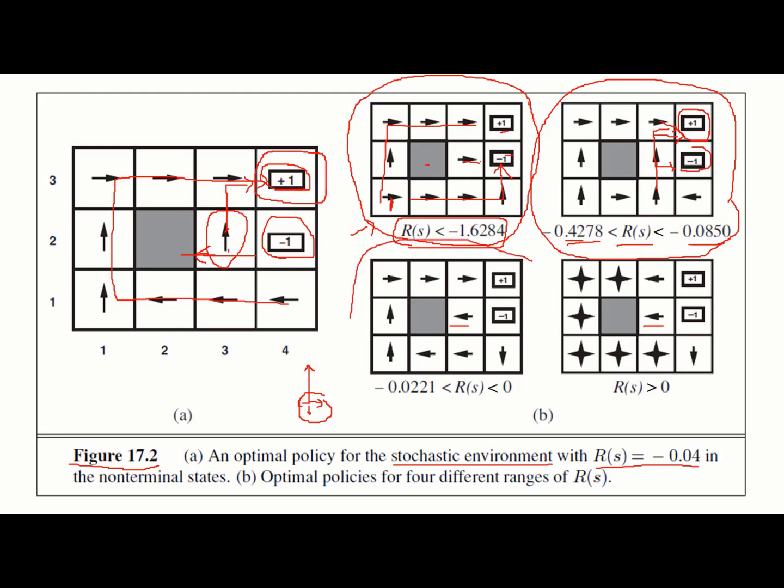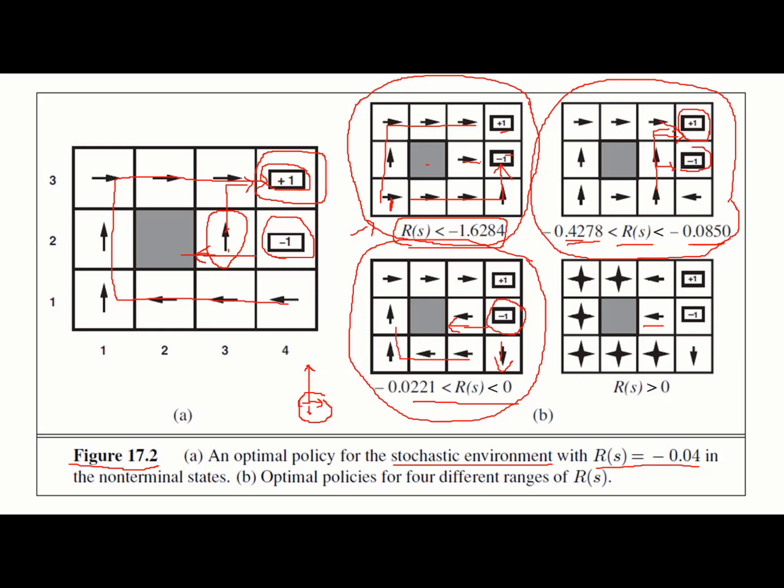Now in this case, the value of r is still a negative number, but it's very close to 0. The policy is to avoid the negative terminal state, and in that pursuit, the robot is even willing to bang its head into the obstacle, and it doesn't mind hitting the boundaries either.